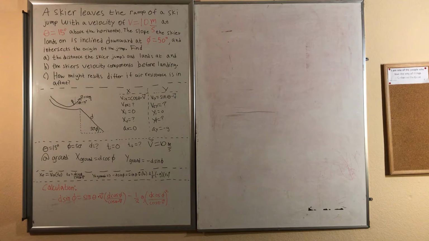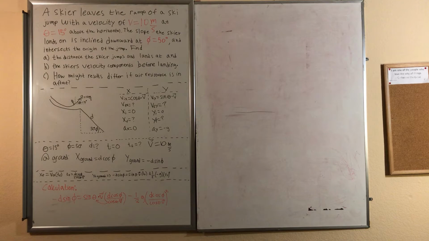So plugging in again, d times cosine phi divided by cosine theta times velocity, all squared. The first thing to notice is our velocities happen to cancel out here, so we can just cross those out. And we also happen to have a sine theta multiplied by a term over a cosine term, so we can actually turn that sine theta over cosine theta into a tan theta.